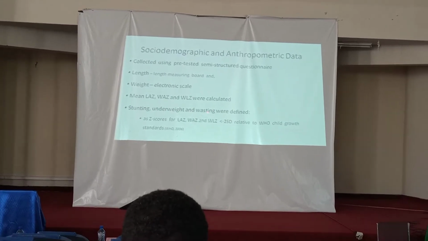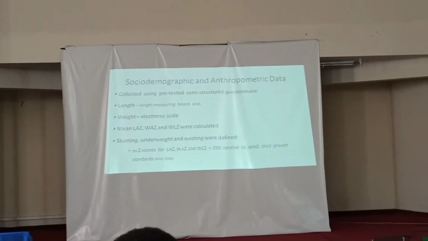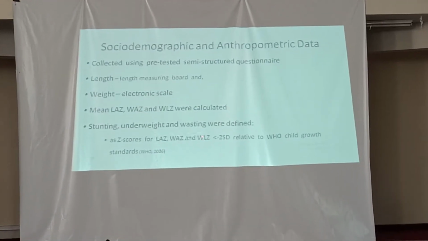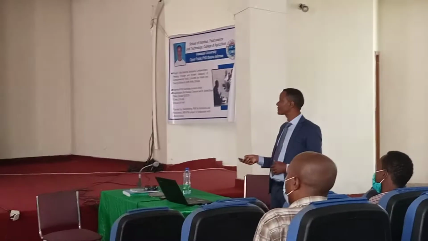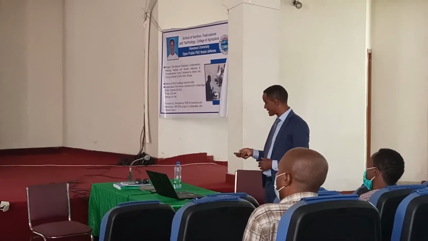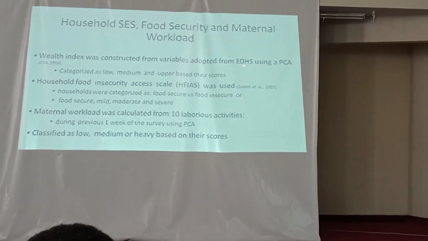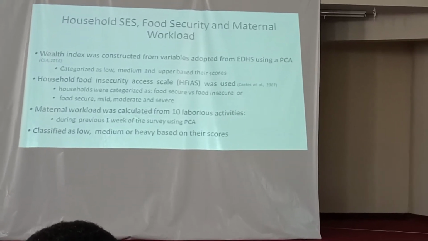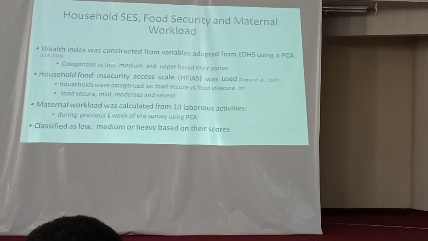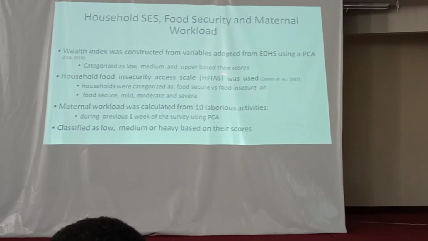Stunting, underweight, and wasting were defined as length-for-age, weight-for-age, and weight-for-length z-scores less than 2 standard deviations relative to the WHO child growth standard. And a wealth index was constructed from variables adopted from EDHS using PCA, which is principal components analysis, and categorized as low, medium, and upper based on their scores.